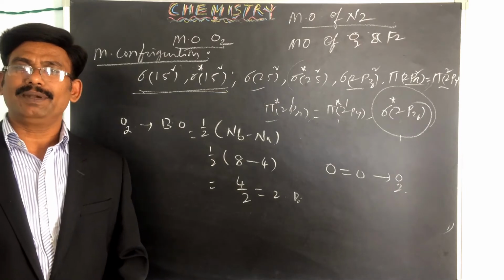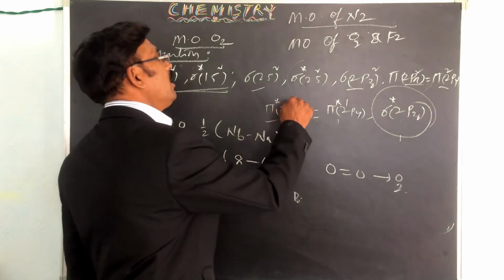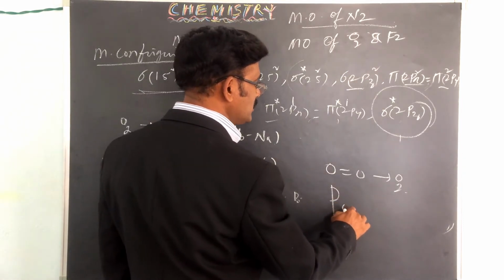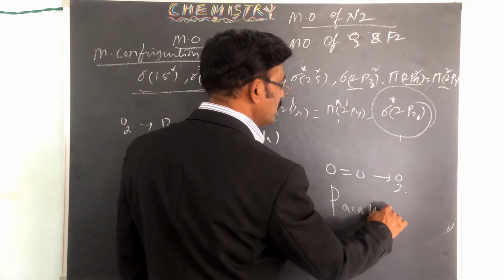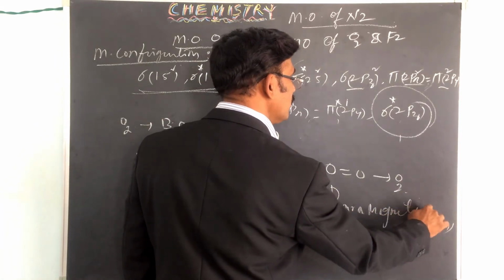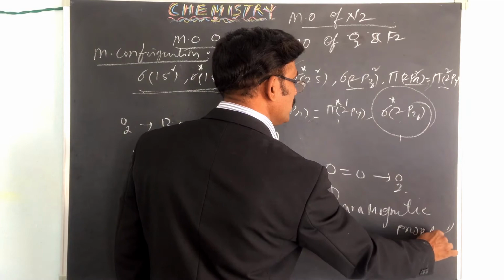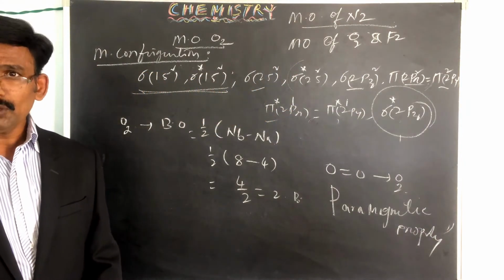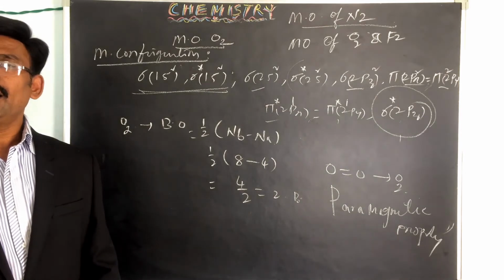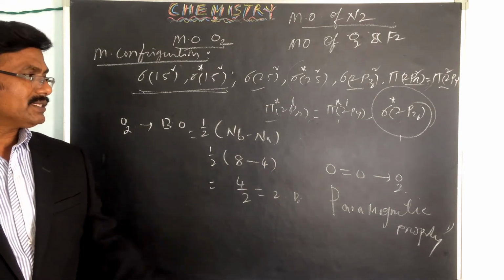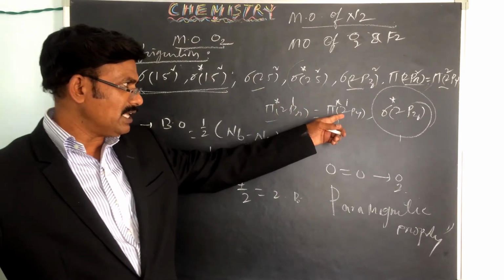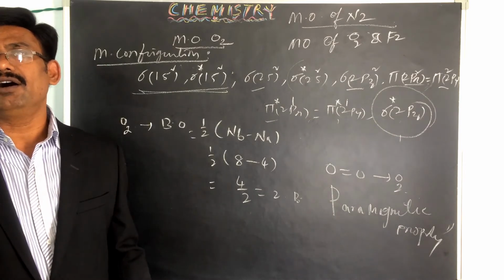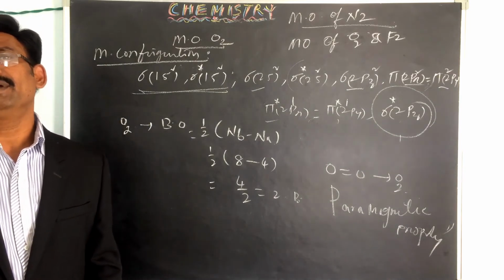So what is the magnetic property? We know that here there are single electrons, not pairs. That is the reason oxygen has paramagnetic property. The oxygen molecule is paramagnetic. So the bond order is 2, and the magnetic property is paramagnetic because the pi star 2px and pi star 2py have single electrons, meaning half-filled orbitals.